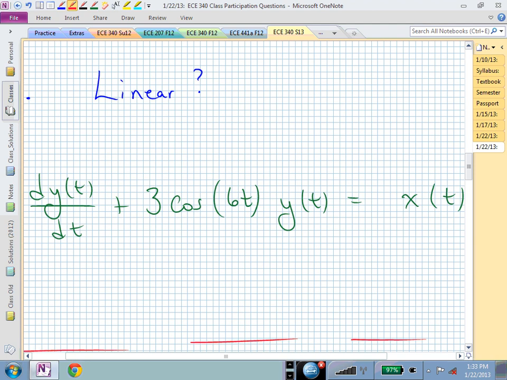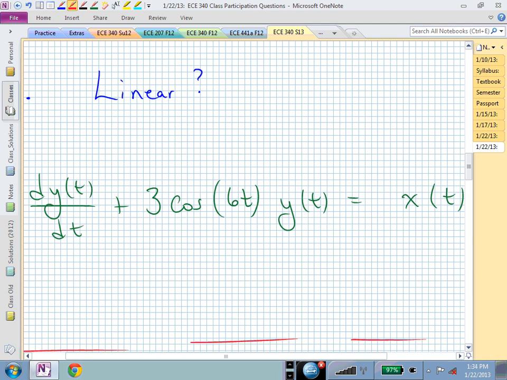This is now a time-varying system. It has a time-varying coefficient. You could think of this as maybe an RC product, and the RC product now is a cosine of 6t. Oh, the RC is changing with time. Makes my job a little more challenging to analyze, but it's still a linear system.